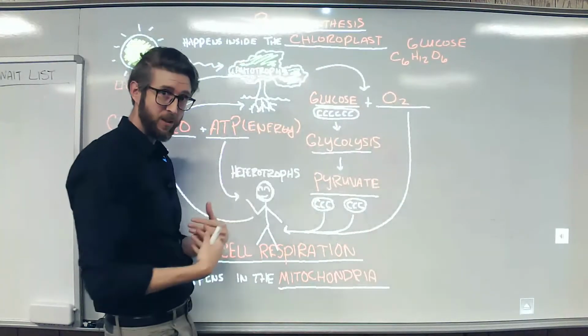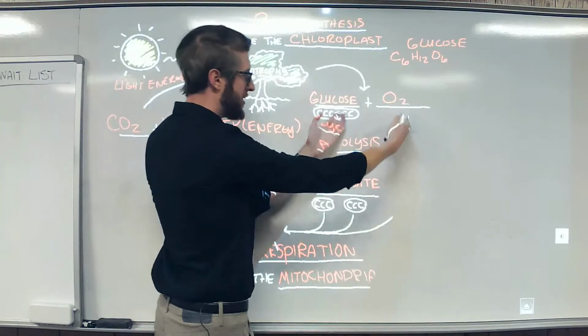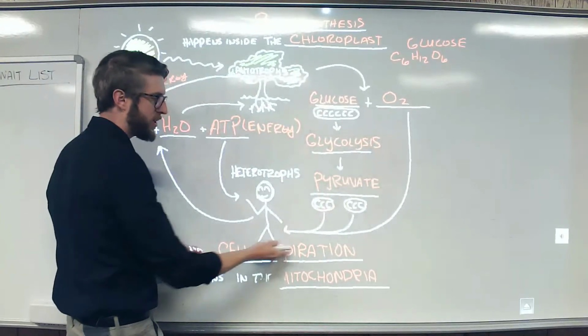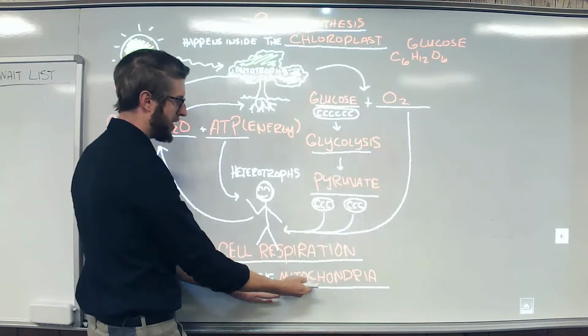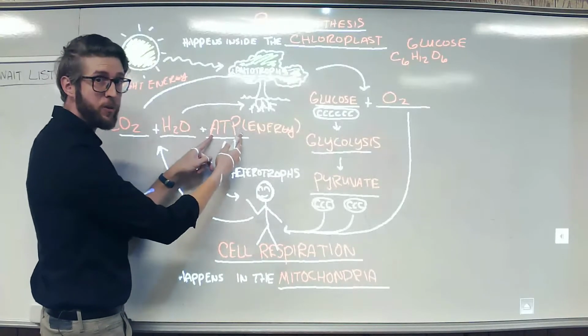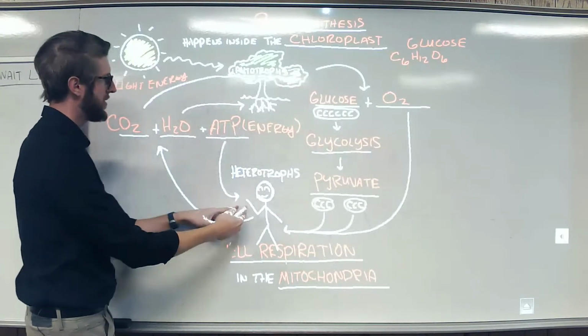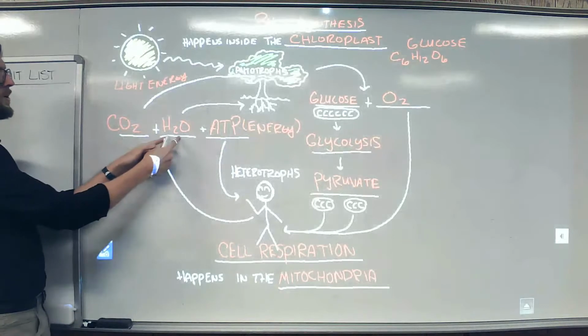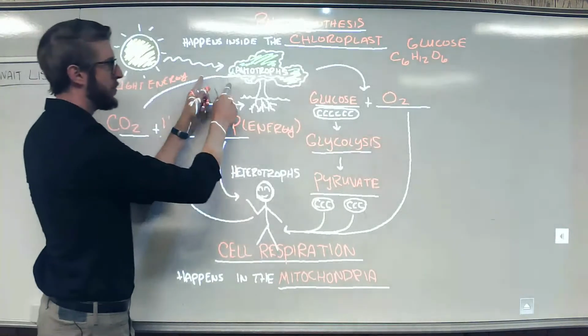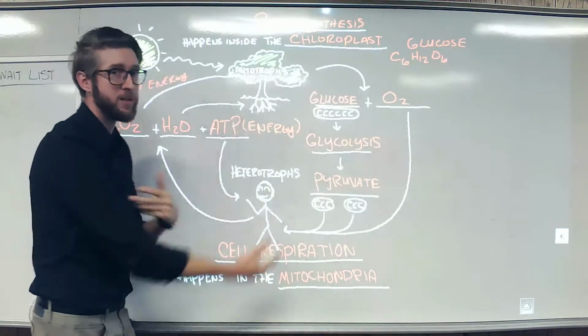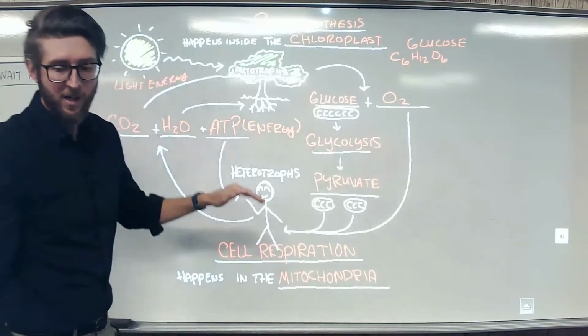And then we're going to eat the glucose, and we're going to breathe in the oxygen, and we're going to do cell respiration in our mitochondria to make energy, which we need to power our bodies, along with CO2 and H2O, which go back into the plants, and so the cycle continues, okay?